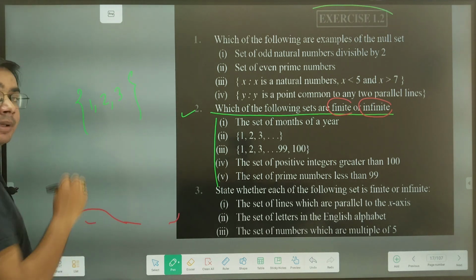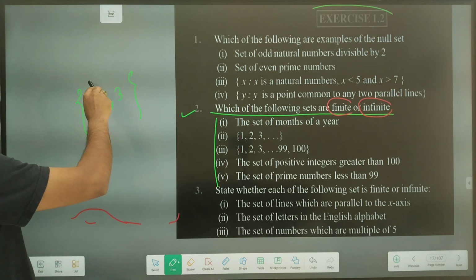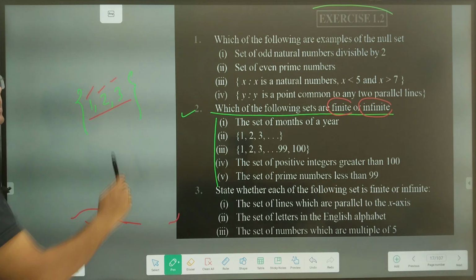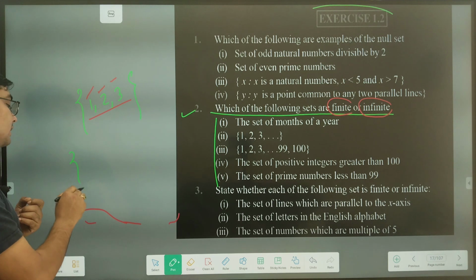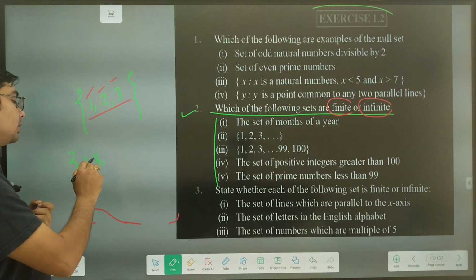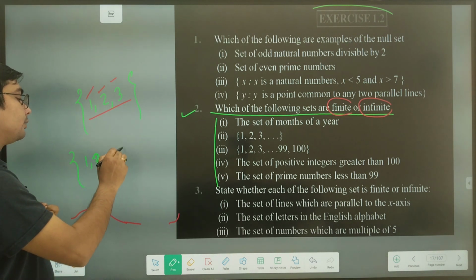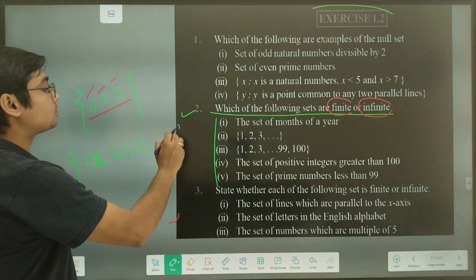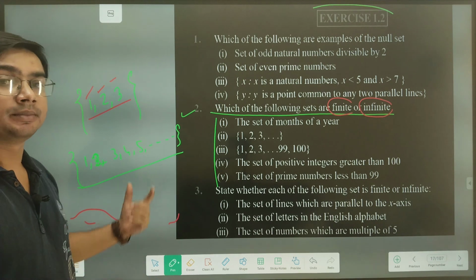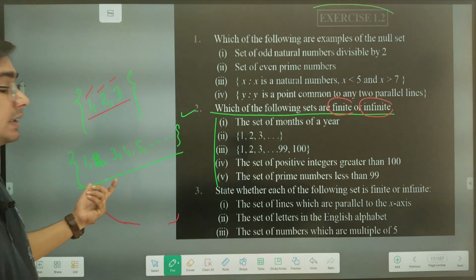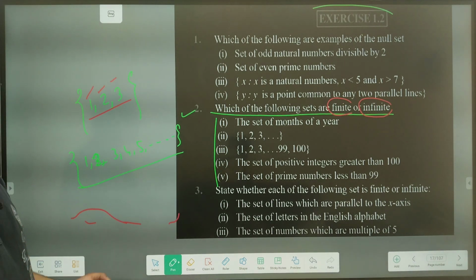There are 3 elements, a definite number, so this is finite. But if we consider the set 1, 2, 3, 4, 5, 6 and so on, this set will have infinite number of elements.